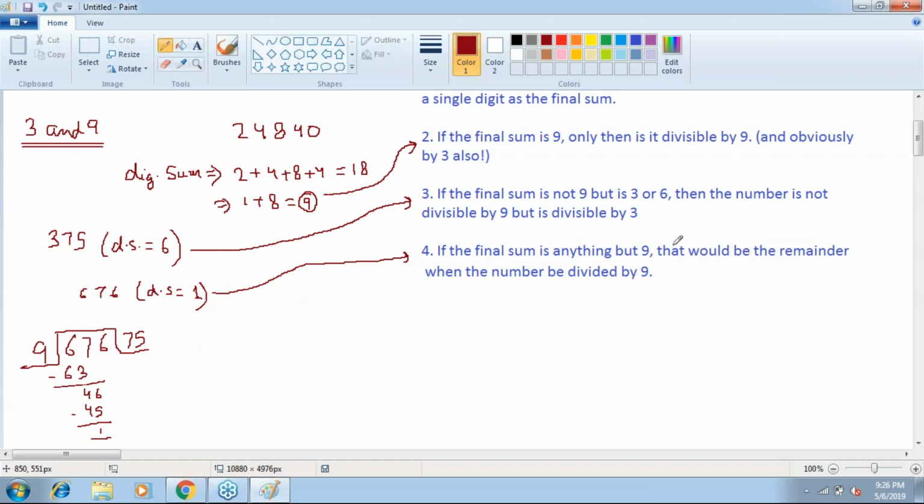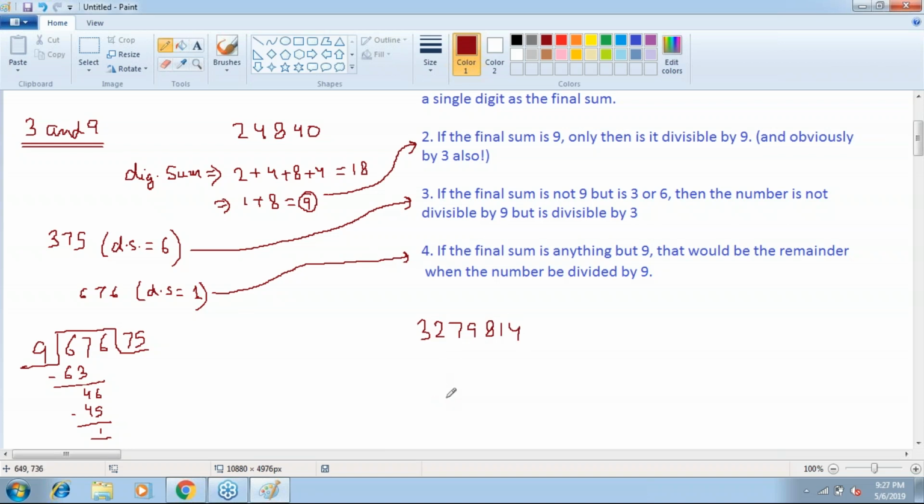We only found the digit sum, and we got the remainder. So what if there is a big number, say 3279814?